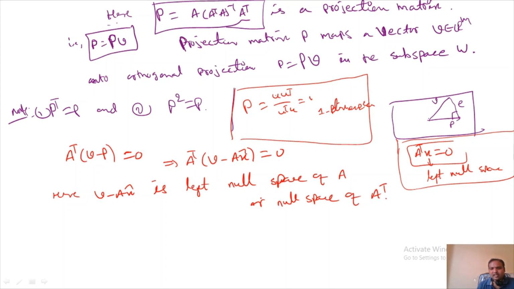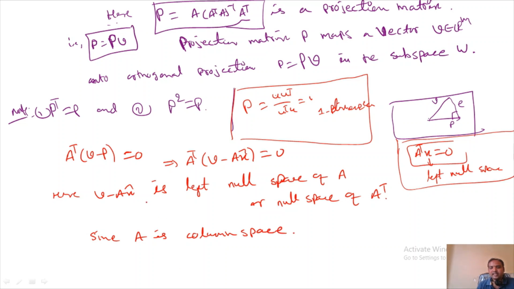Already you know this, since A is the column space. The column space and the left null space vectors are perpendicular.